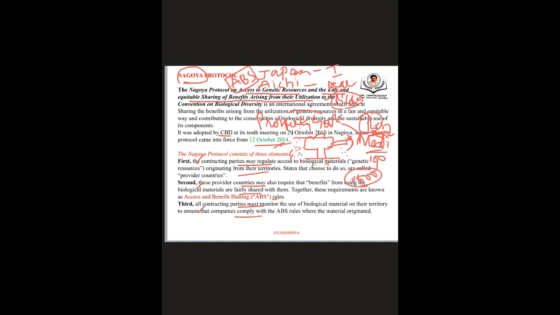Now what the Nagoya Protocol talks about, it comes to the rescue of those people who are protecting the genetical resource. Now this becomes the genetical resource. The very product called as tree, it becomes the genetical resource.